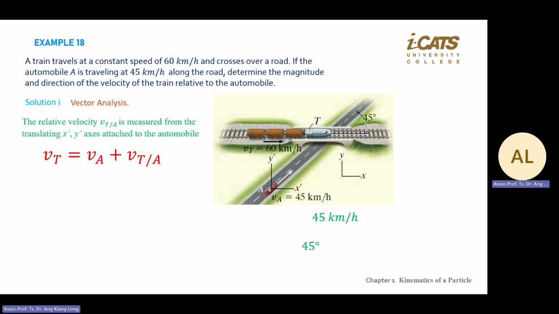It's the same equation actually. Then you solve in y and x axis. You see the question as an x problem and a y problem. So you convert everything into x, y, i, j, k. Vt is towards the x-axis, so x-axis 60i, Vt train. Va is what?